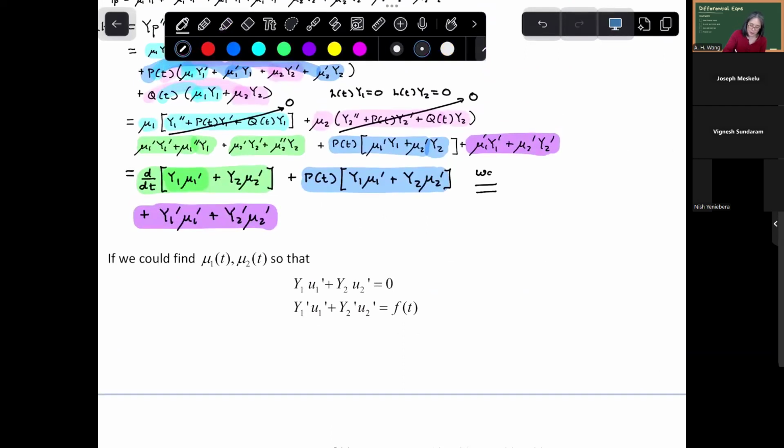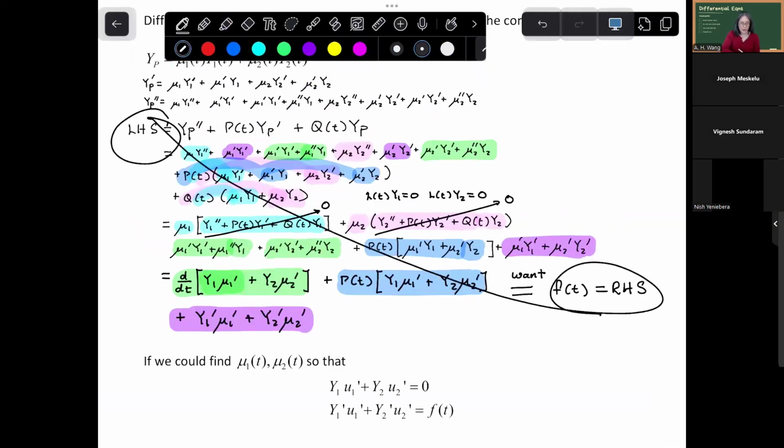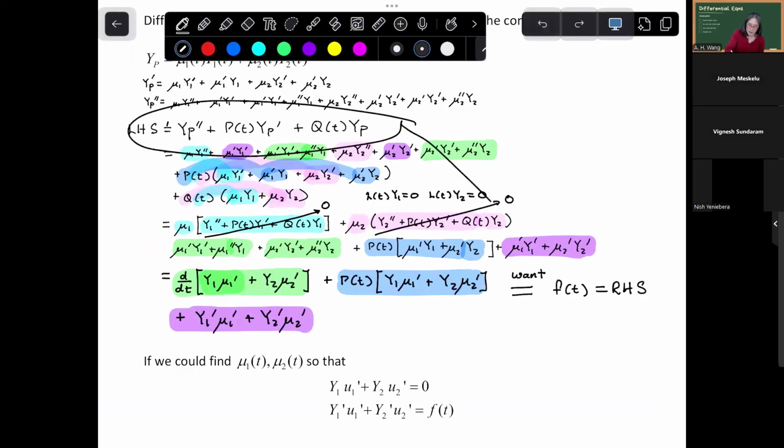We want all of this to equal the right-hand side. In other words, after you plug it all in, we want it to equal this.